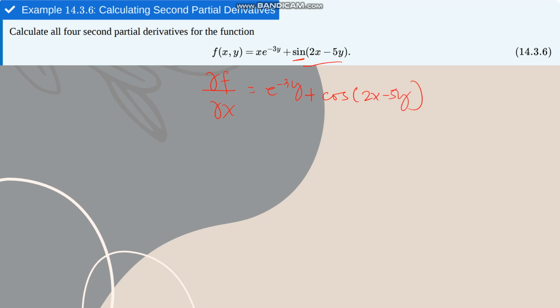Derivative sa sulod with respect to x is 2. So, your final answer here is e raised to negative 3y plus 2 cosine 2x minus 5y.